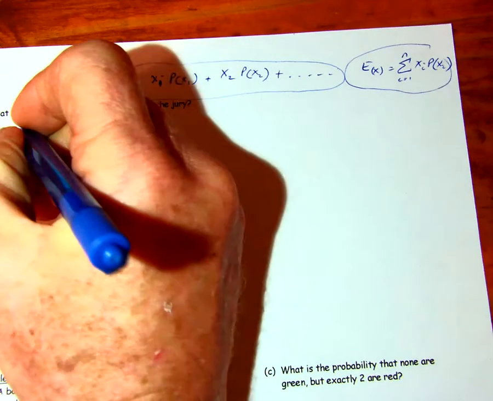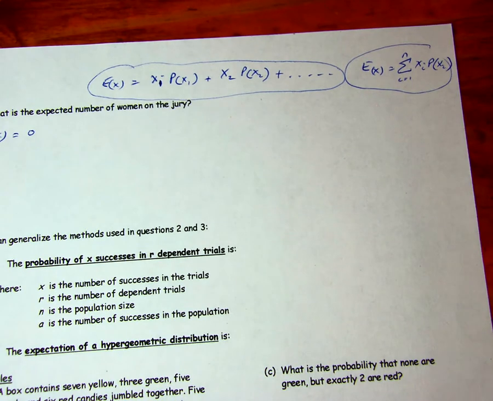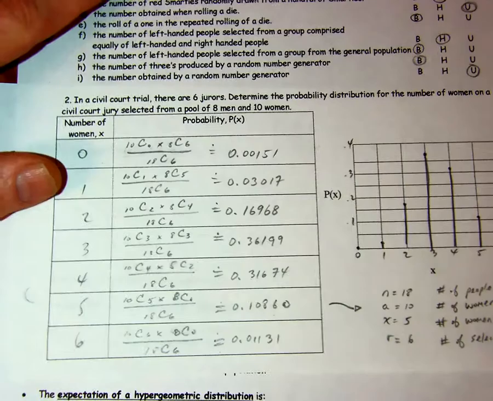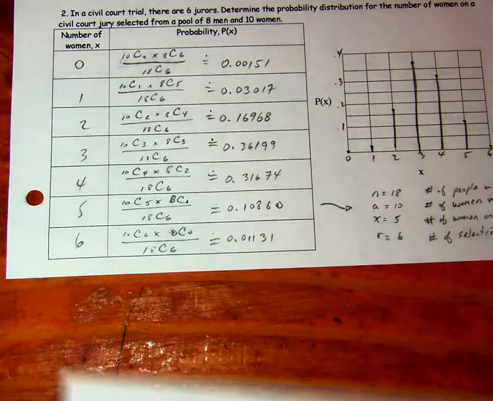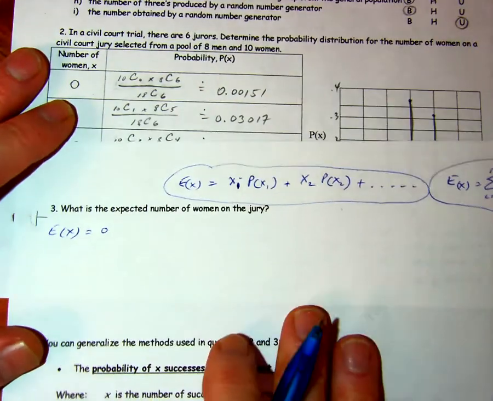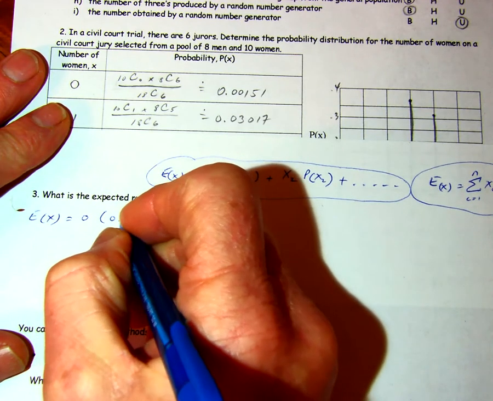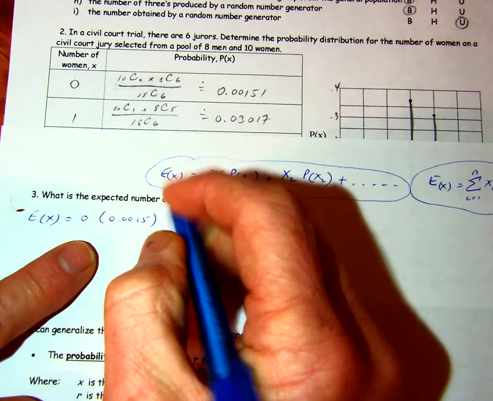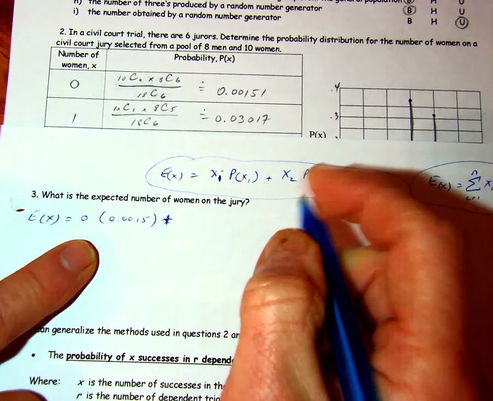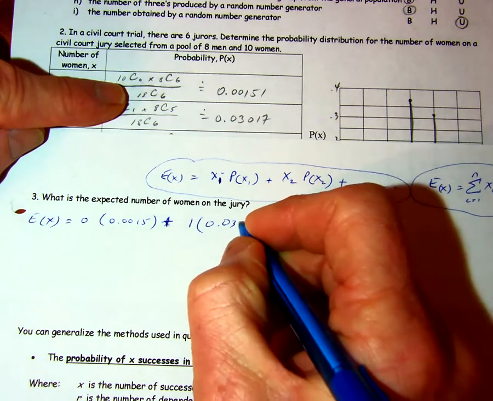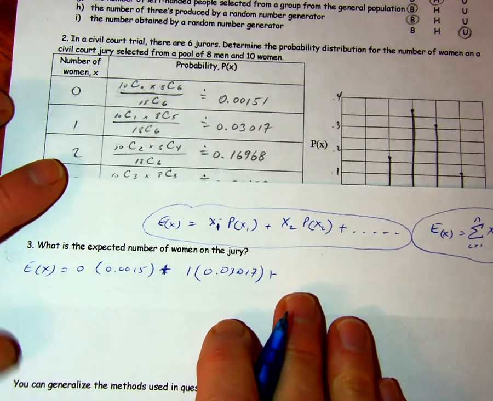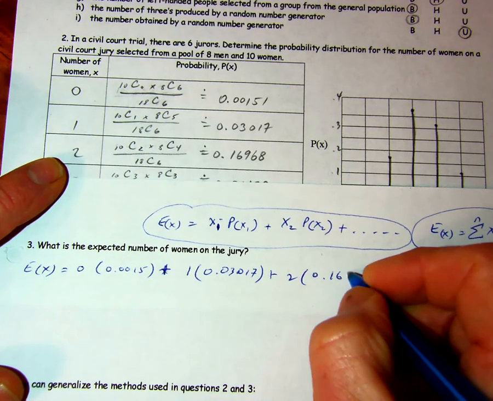So we have 6 outcomes. The first outcome was 0 times the probability of that, 0.0015, plus the next outcome, 1 times 0.03017, plus another outcome, 2 times 0.16968.